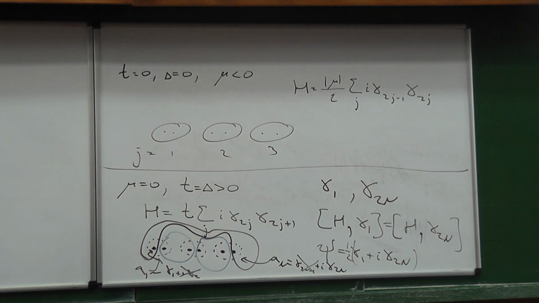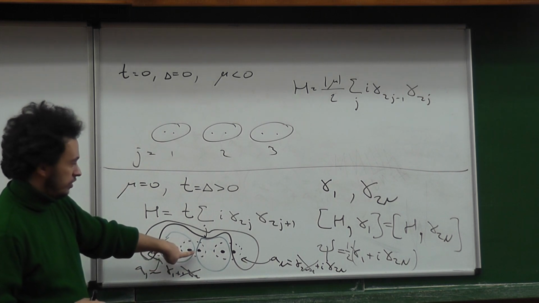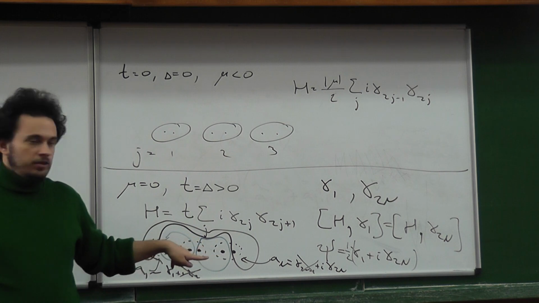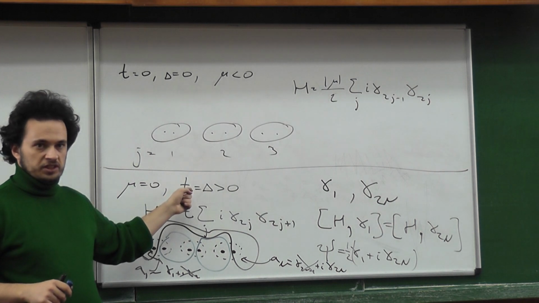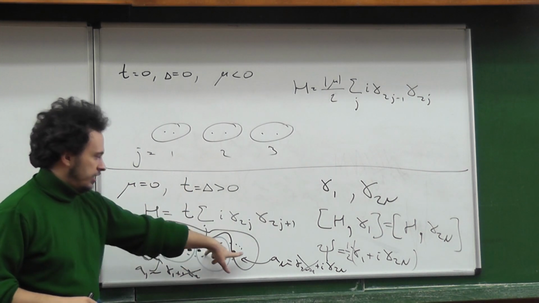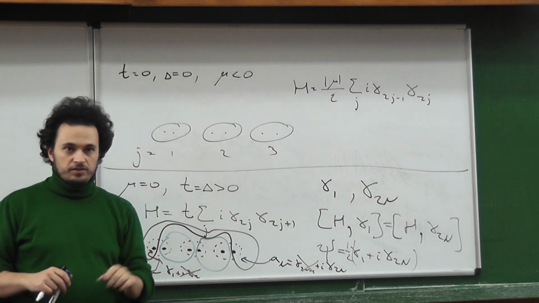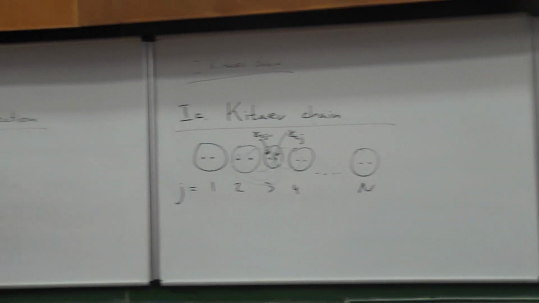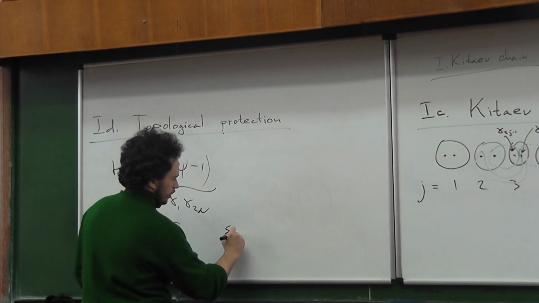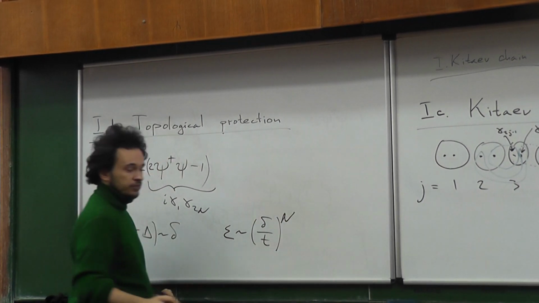And I can expand those terms in perturbation theory. As you know, if I have this term, it comes with delta amplitude, but it creates an excited state of energy T. Then the next perturbation order comes again with delta over T. So this epsilon is going to be delta over t to the power n.